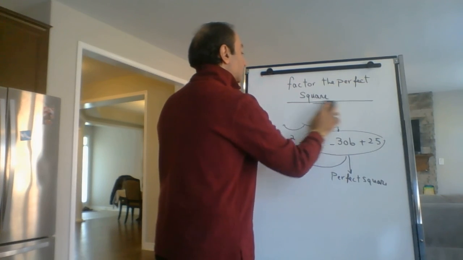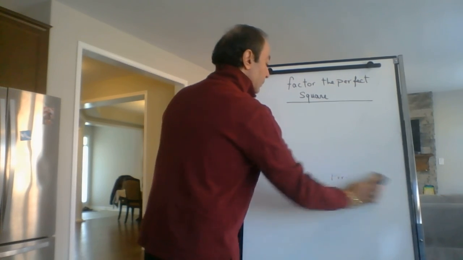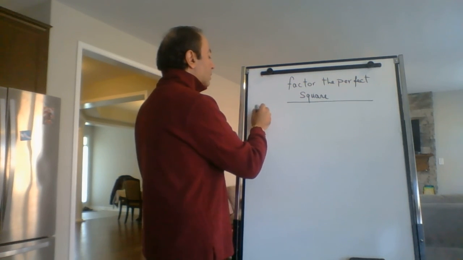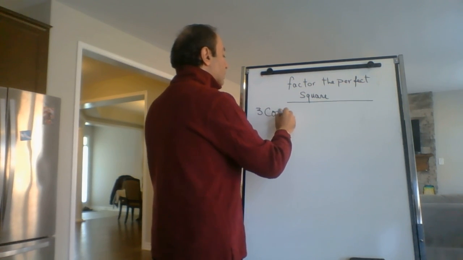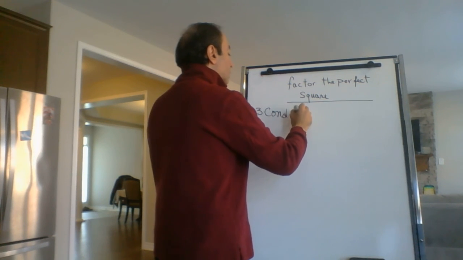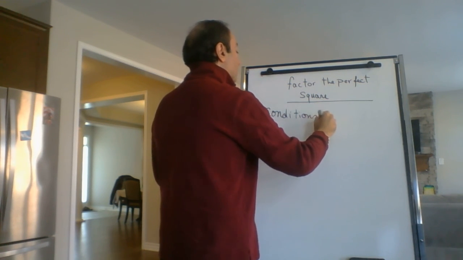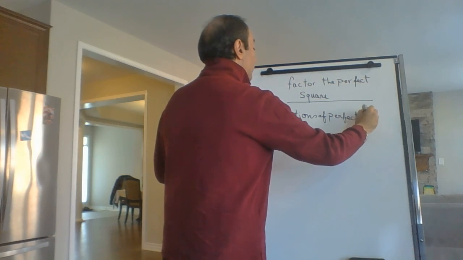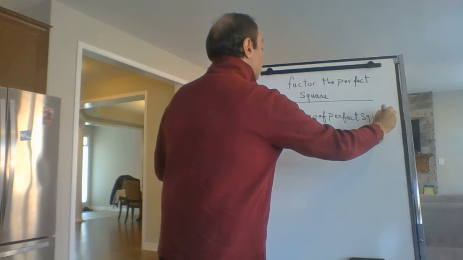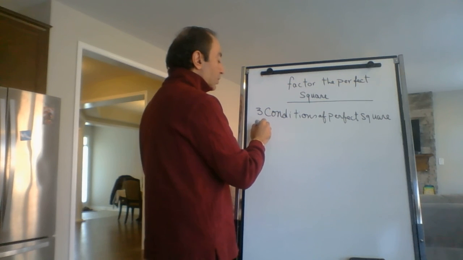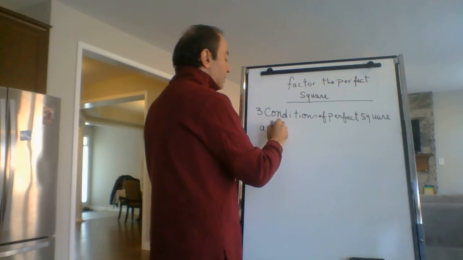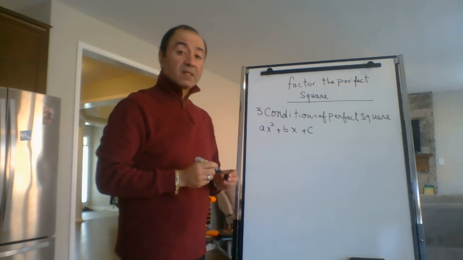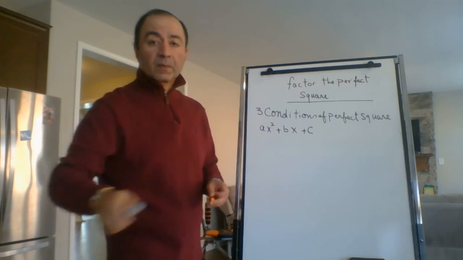So, the 3 conditions of a perfect square. If we have a quadratic ax squared plus bx plus c, how can we tell if this is a perfect square or not?